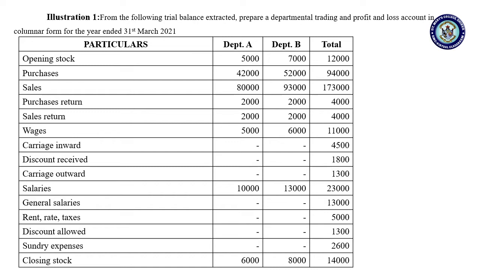Purchases 42,000, 52,000, total 94,000. Sales 80,000, 93,000, total 1,73,000.